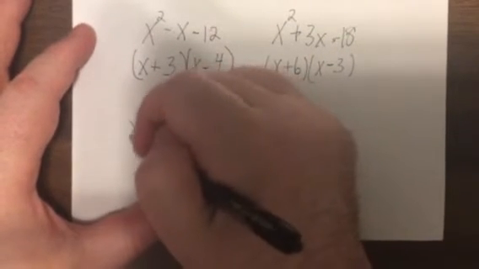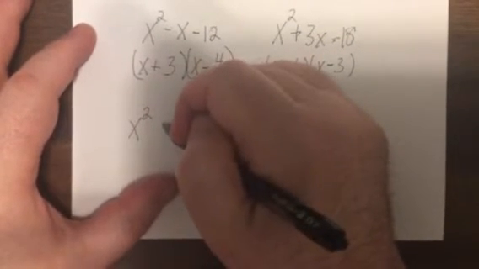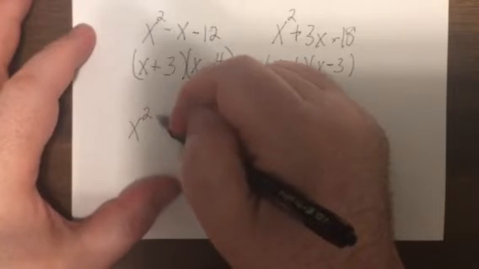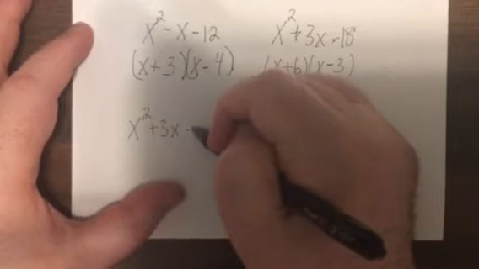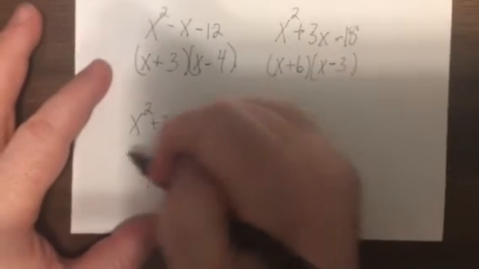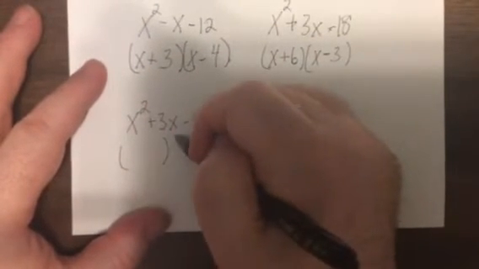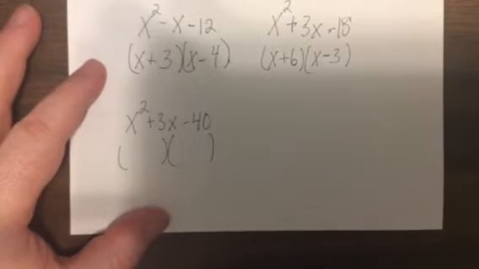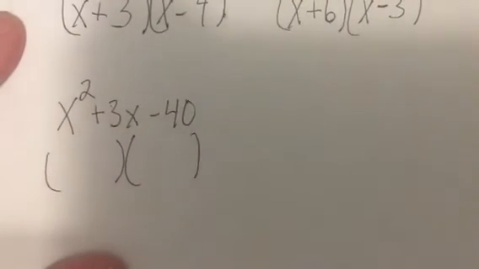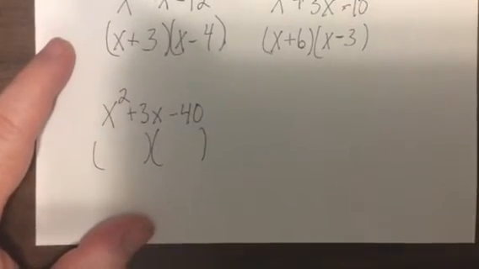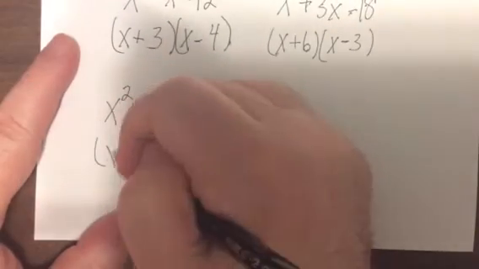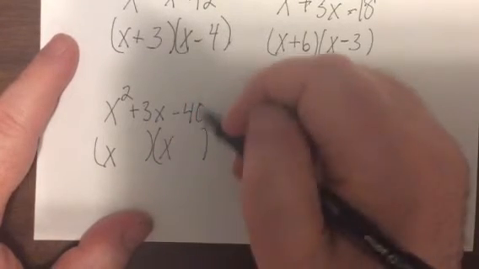So, x squared plus 3x minus 40. So now, if you have trouble, let's see if this helps. Oh, that just makes it bigger. Oops. So anyways, x squared is x and x.